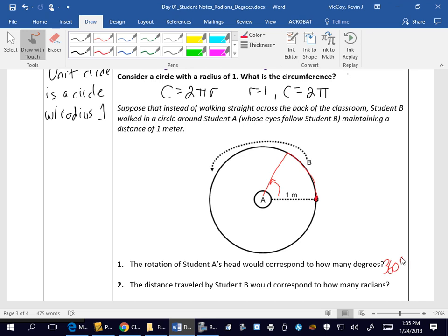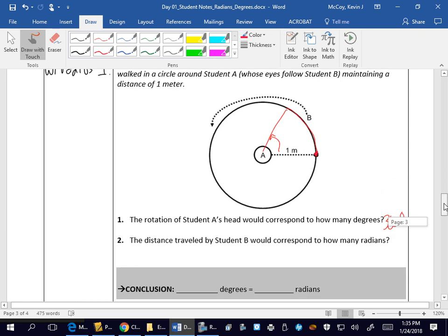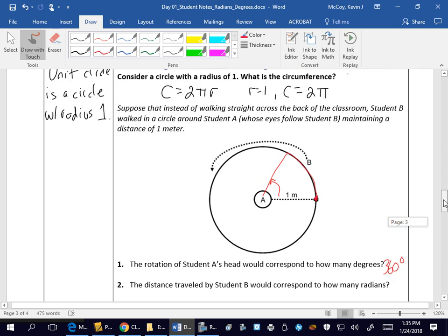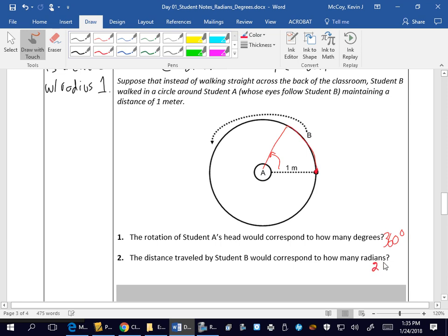The distance that the actual student travels, however, is the radian, and because they went the entire circle, and we know the entire circle has a circumference of 2 pi, they've actually walked a distance of 2 pi.